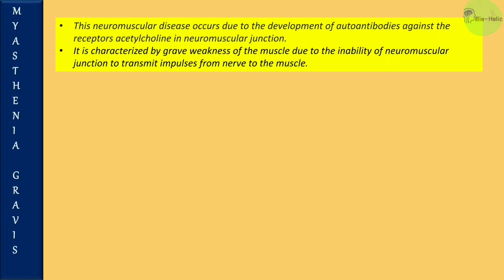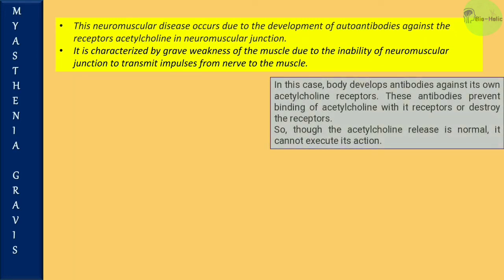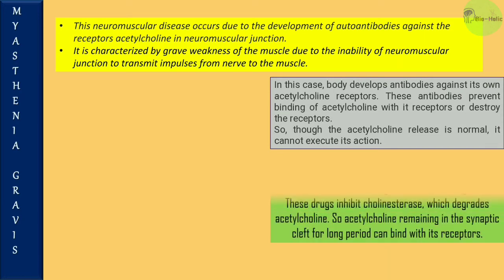It is characterized by grave weakness of the muscle due to the inability of the neuromuscular junction to transmit impulses from nerve to the muscle. In this case, the body develops antibodies against its own acetylcholine receptors, and these antibodies prevent binding of acetylcholine with its receptors or destroy the receptors. So though the acetylcholine release is normal, it cannot execute its action.